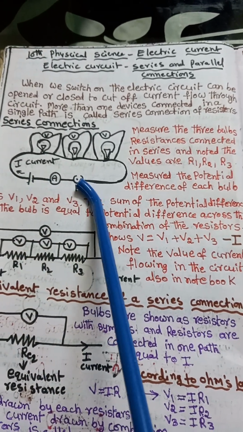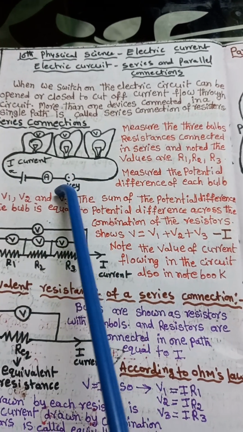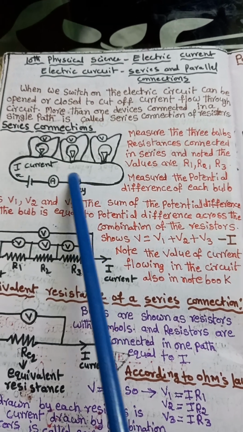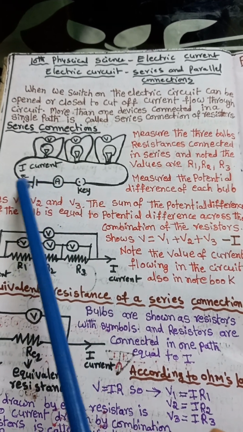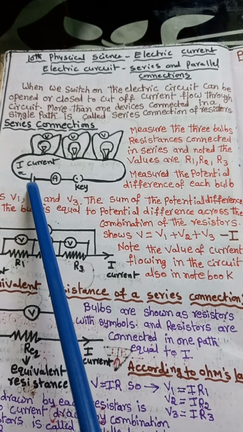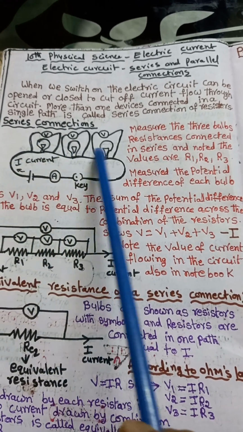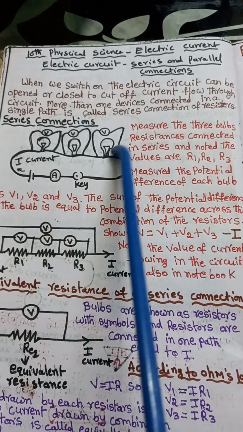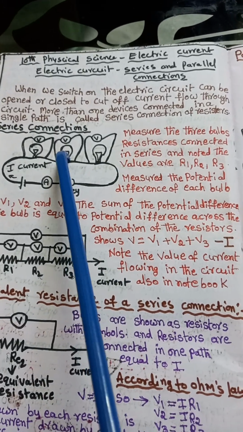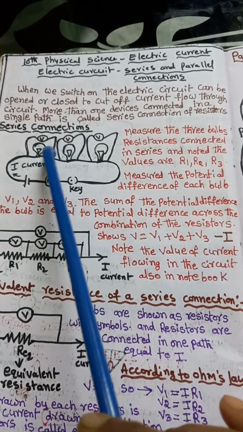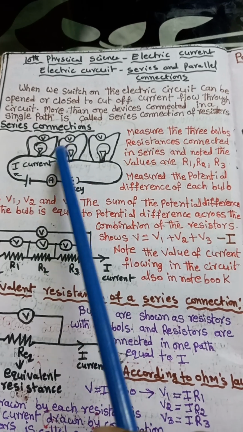When we close the circuit, the current passes from the battery to the lights. Okay, so these lights glow.